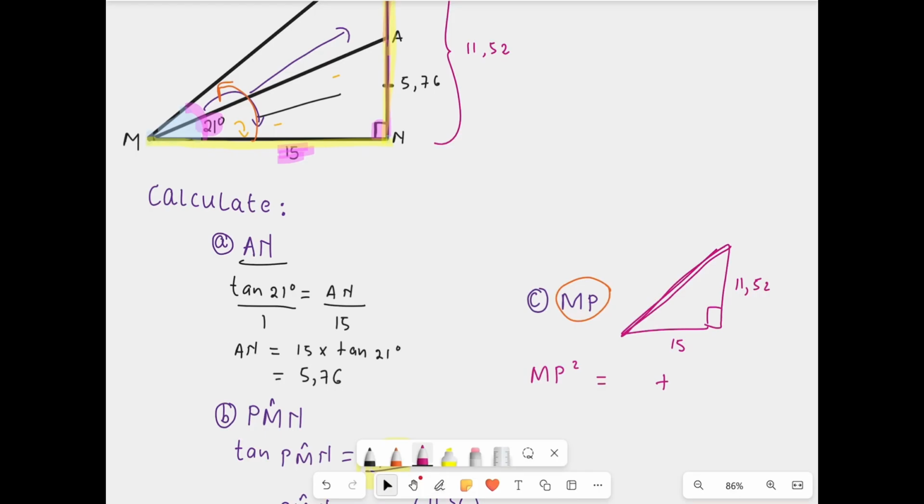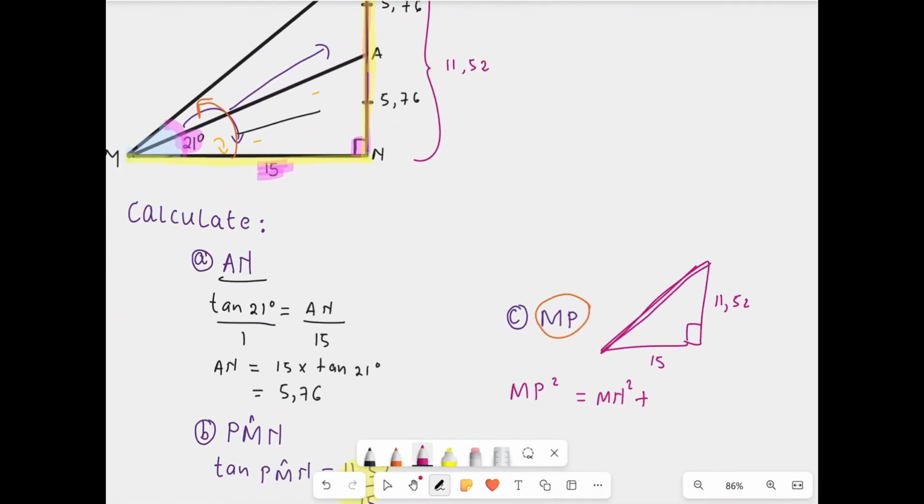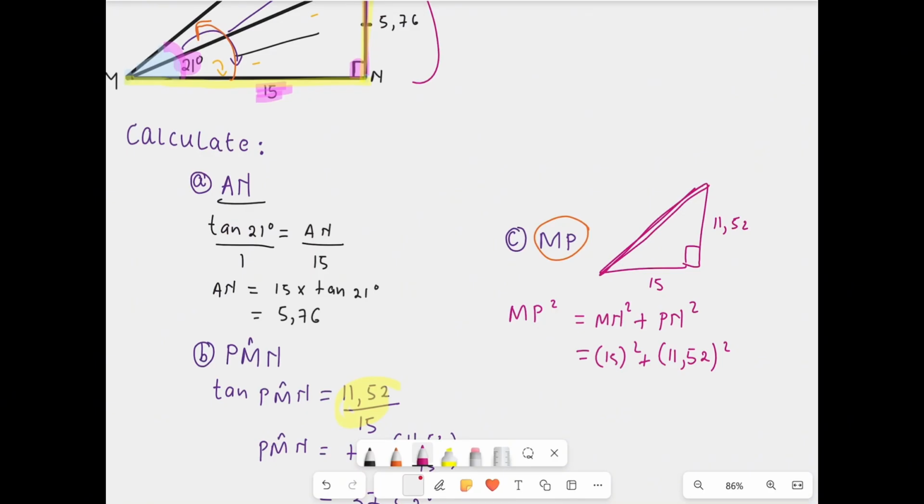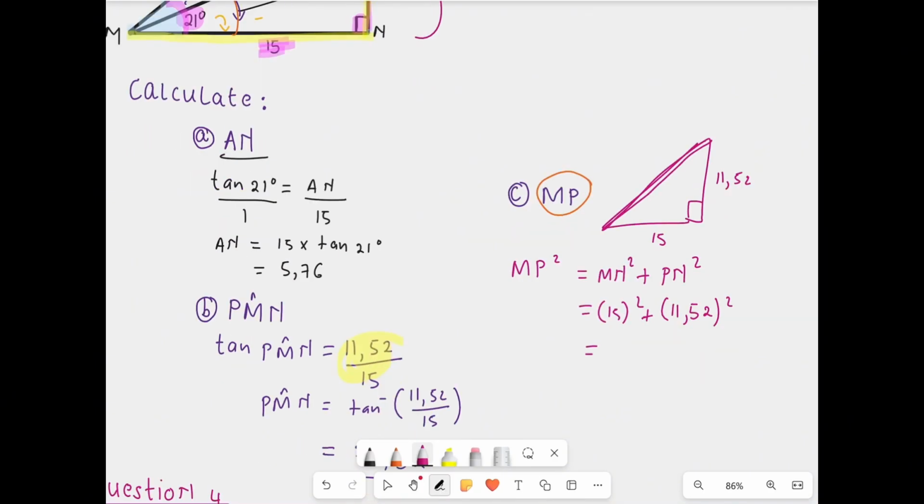The other two sides are MN all squared plus PN all squared. This is the same as 15 squared plus 11,52 all squared.